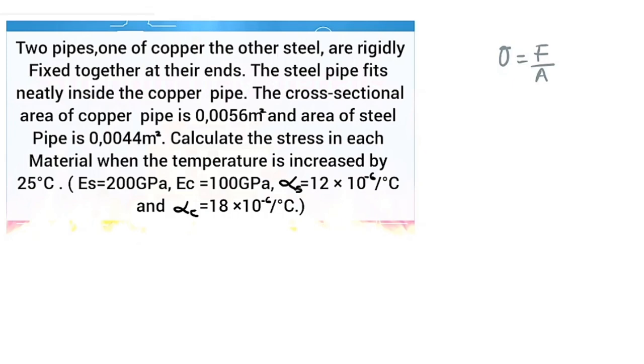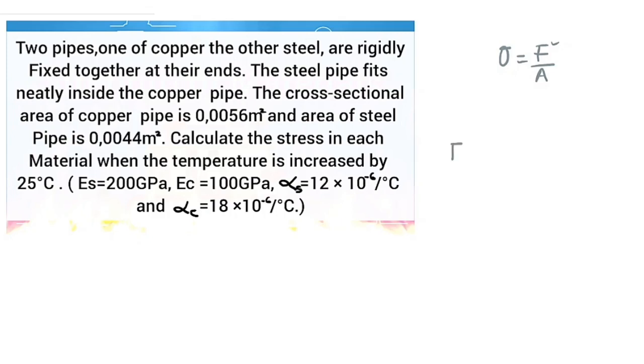We'll be introducing the formula to calculate the force when the compound bars are parallel. We will use that force when we calculate the stress for the copper pipe, and to calculate the stress of the steel pipe. We'll use the same force that we calculate using that formula.